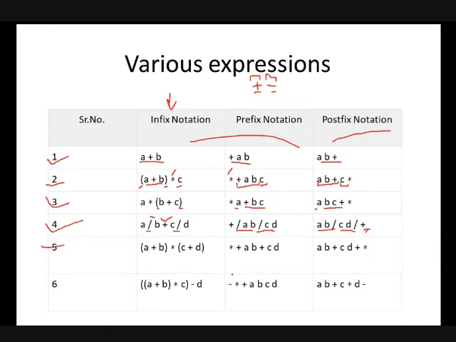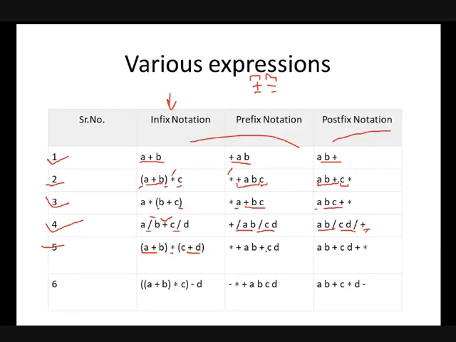Okay, next are the fifth and sixth. Again a plus b multiplication c plus d, we have plus and plus in the parentheses, so we need to apply a plus b first, then c plus d, and the third step should be multiplication, and it is similar to the previous example.